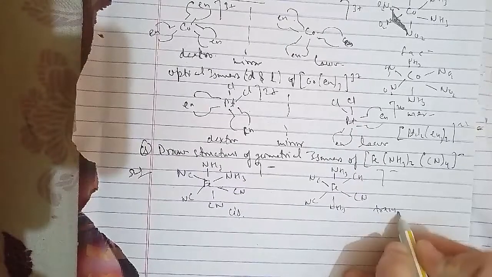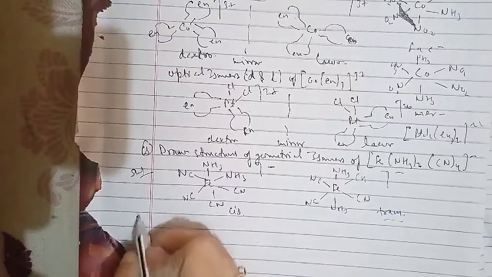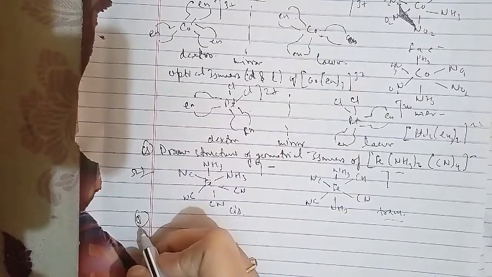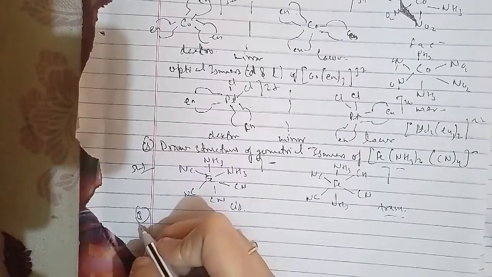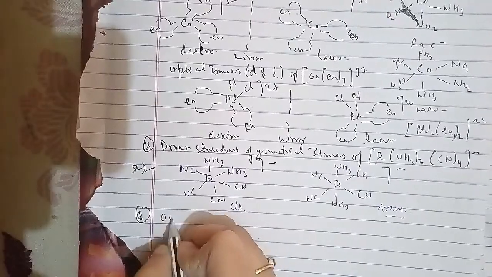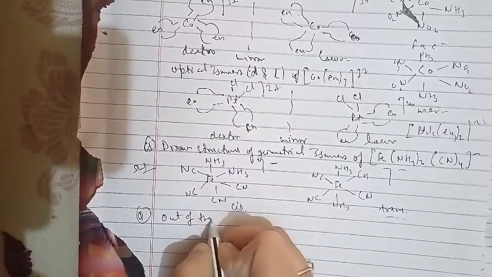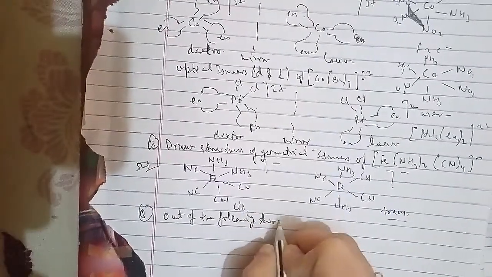For the first one, it is cis-[CrCl2(ox)2] 3-. The second one is trans-[CrCl2(ox)2] 3-. This is cis and this is trans. So we'll go ahead, and first we'll do the cis, with ox.